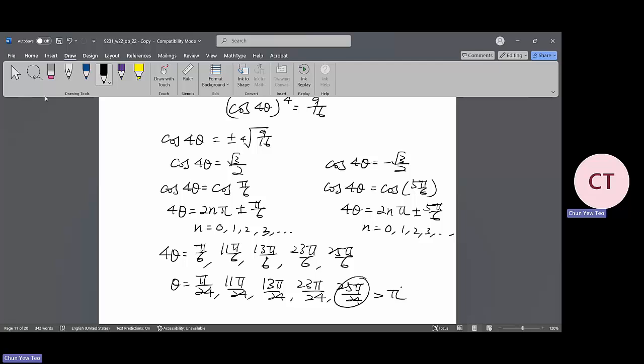So we do not want it to be more than pi; we want it to be within. So this one, we just show the values until here, 4 values over here. Similarly, the same thing happens over here. You just do the same thing, so you will get 4 theta equal to 5 pi over 6. So need more space.